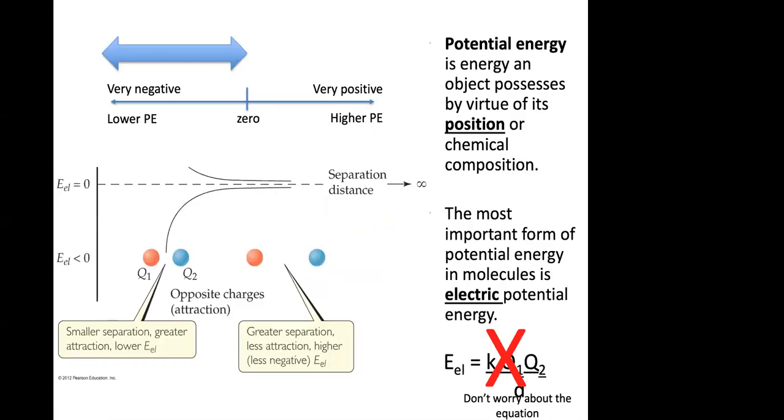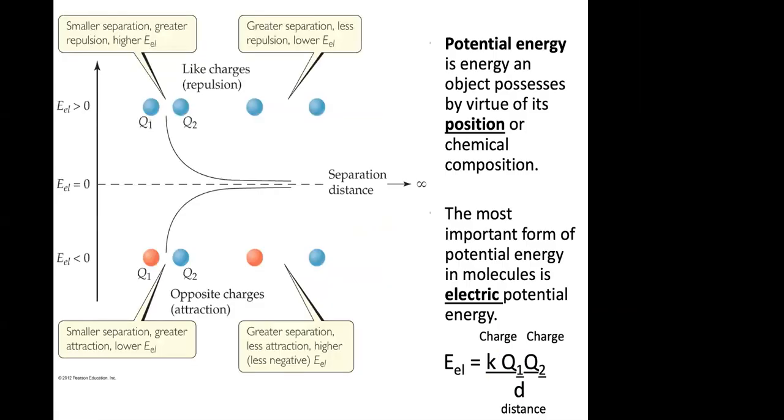If we go back to our expression right here, one of the charges is positive and the other charge is negative. That's what the Q values are. So one of these is positive, one is negative, so the overall sign is going to be negative. The distance has gotten smaller and smaller, so that makes the entire value larger and larger.